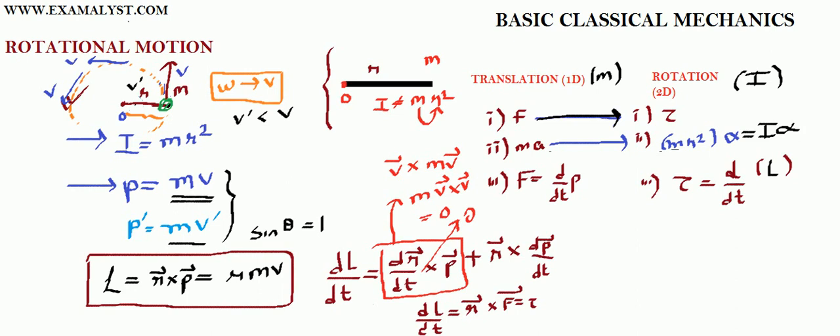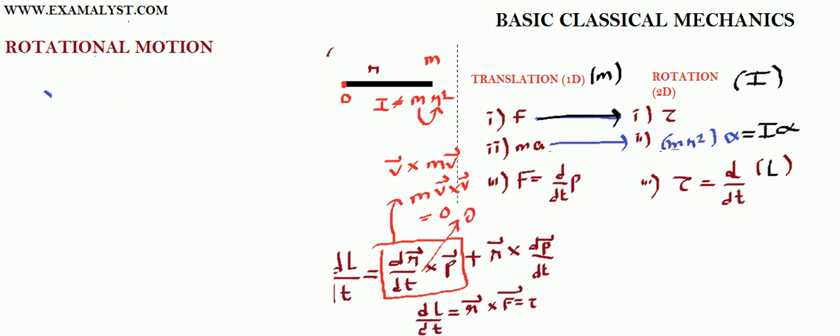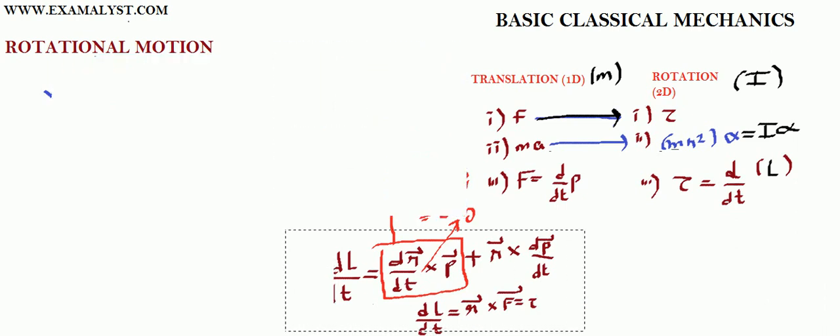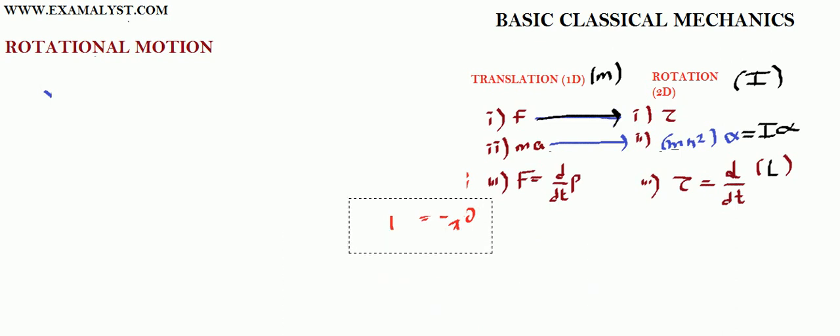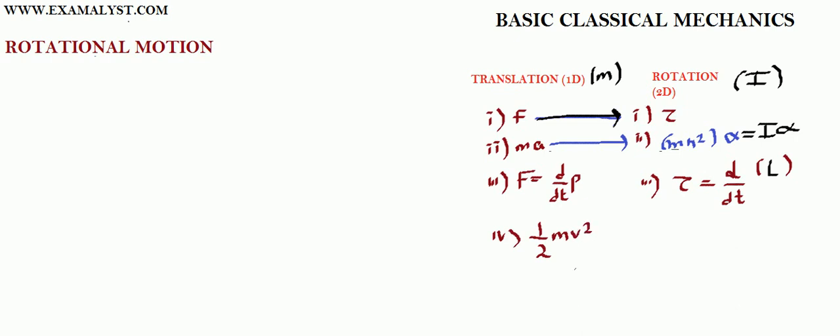Now we'll talk about a little bit of energy. So why is there something called rotational kinetic energy even though we have kinetic energy? In translational motion, you define something called kinetic energy, and if an object is moving at a particular velocity v, then you say that the energy of the moving object is half mv square.